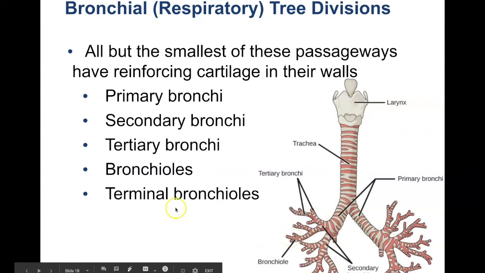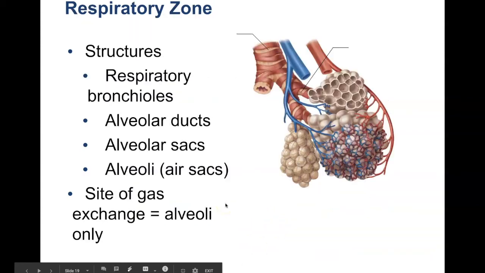And those terminal bronchioles are going to end in what's known as the alveoli, or these air sacs. And we're going to leave off here for today, and we're going to talk about these tomorrow. But as you can already tell, looking at the arteries and veins that we see here, this is where we're going to get that diffusion of oxygen and carbon dioxide going on, the whole process of the respiratory system.